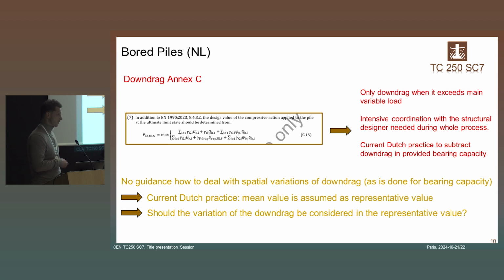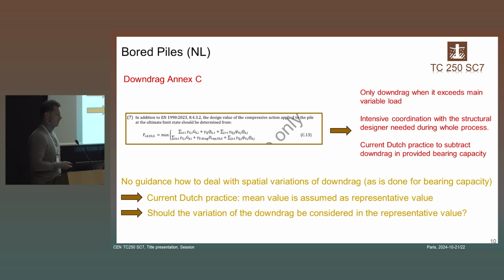There was a lot of talk about spatial variation in the other presentations, where the focus was on bearing capacity. There's no guidance on how to deal with spatial variation of downdrag, but you could argue that you have the same kind of problem with downdrag as well. For now, the mean value is assumed to be the representative value.